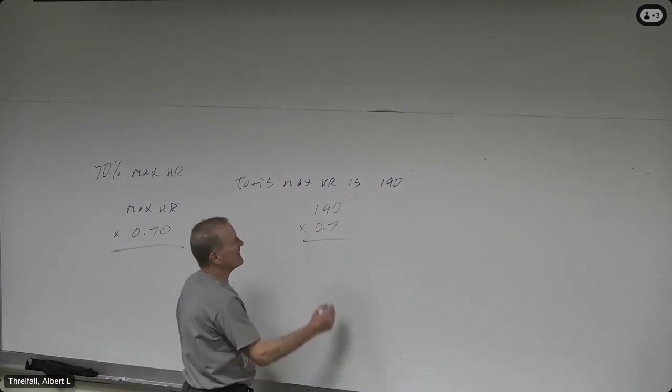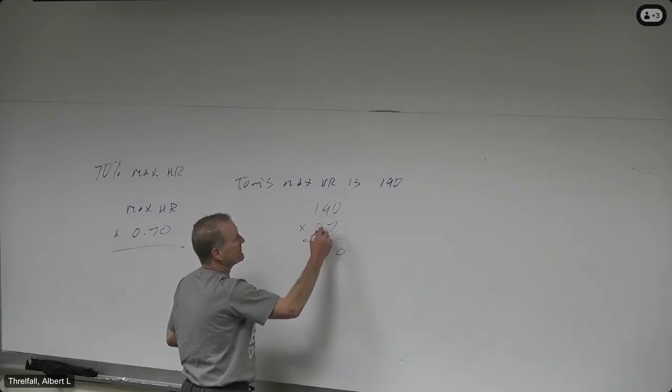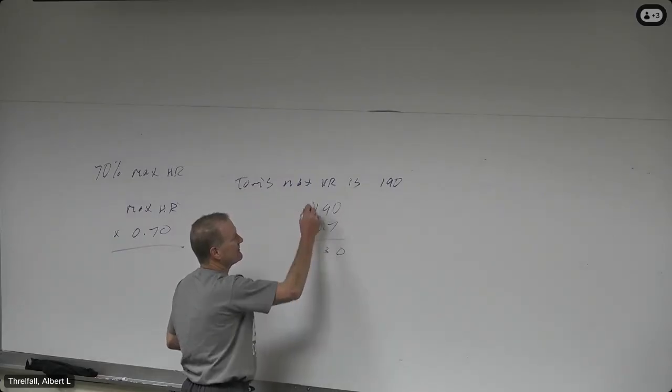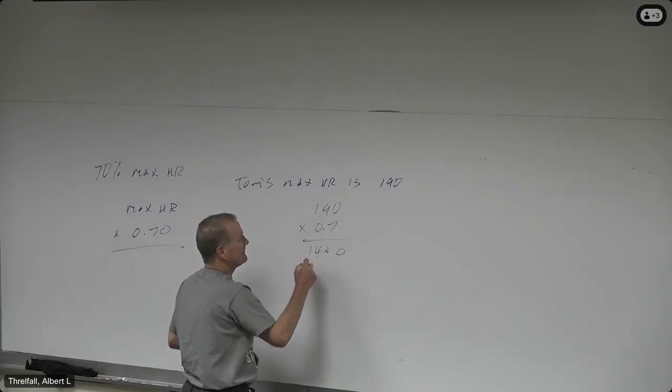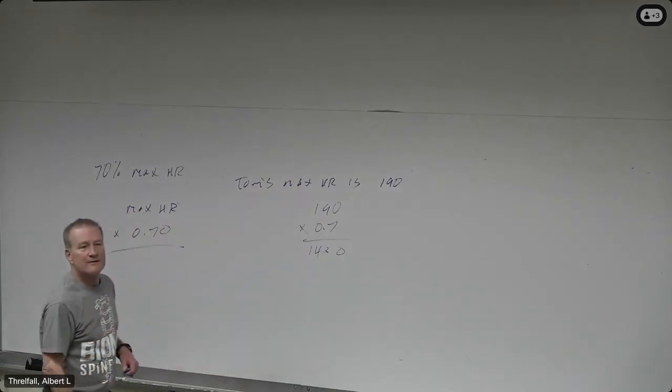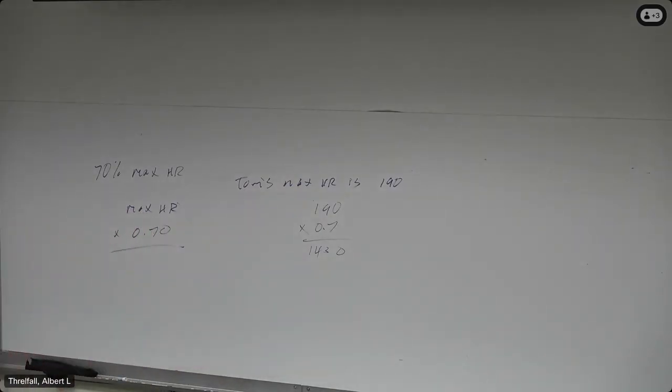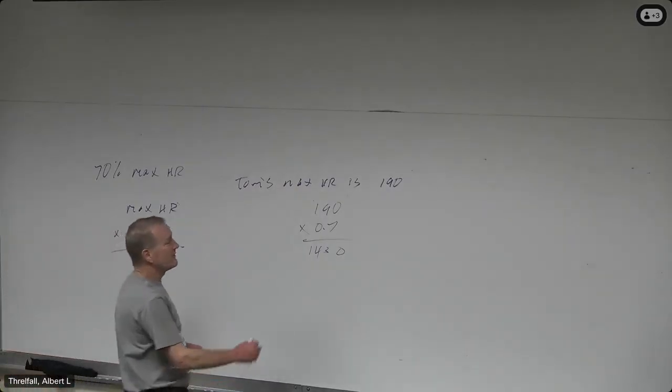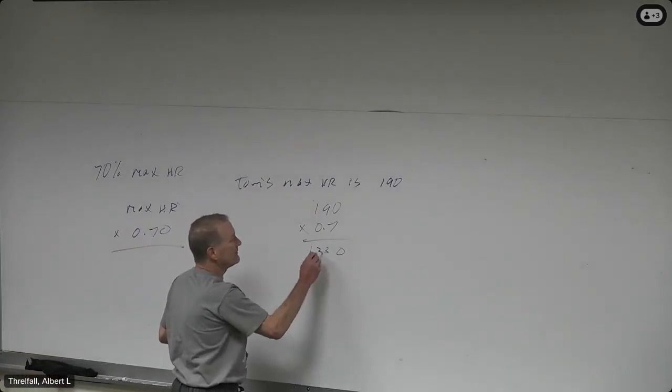So what's that? 6 times 7, 63, is that 133, Joanna? Okay.